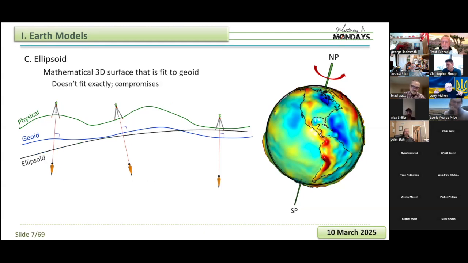Then we fit a mathematical surface to the geoid, and that's an ellipsoid. We try to fit it as best as we can, but it doesn't fit perfectly everywhere because the geoid's not mathematical, but the ellipsoid is. So in some places it's going to be below it, some places above it, and some places it's going to fit relatively well.